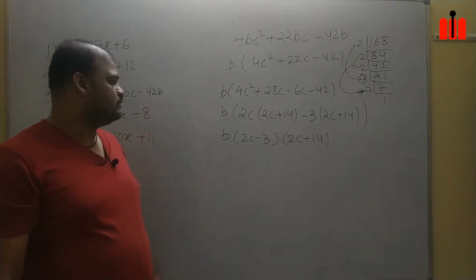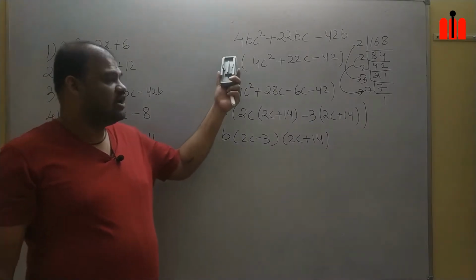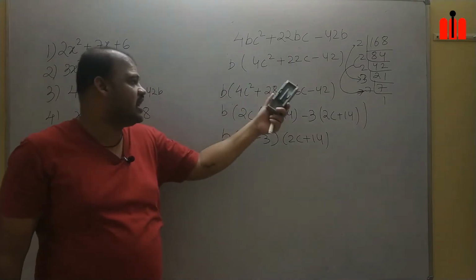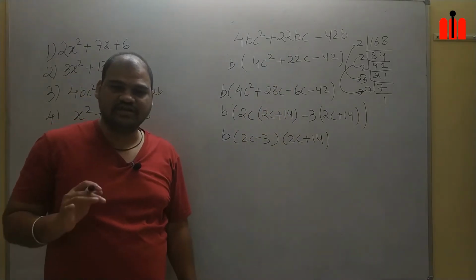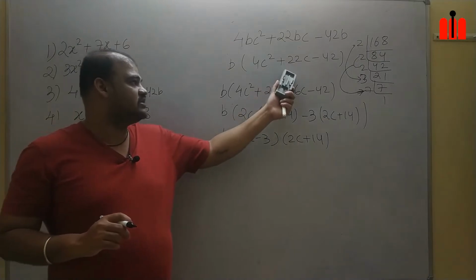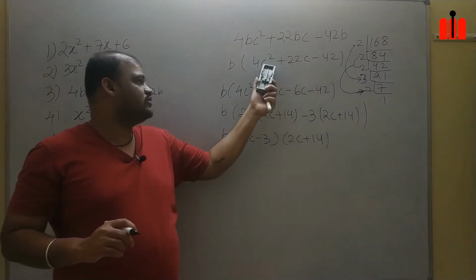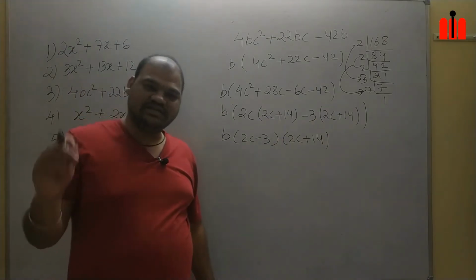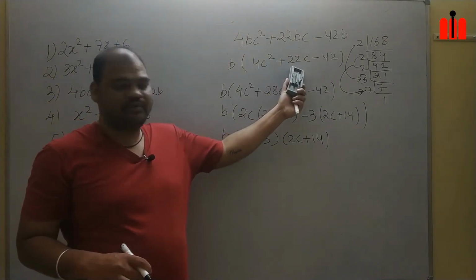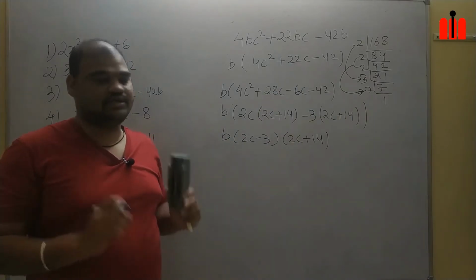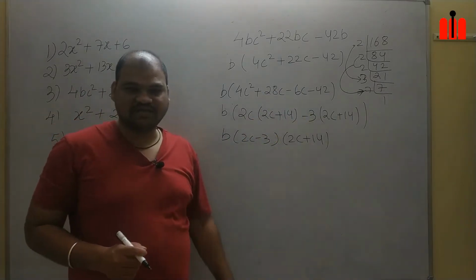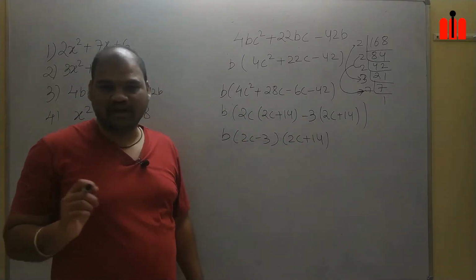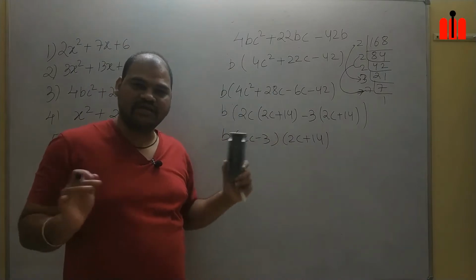Okay. Now, what we did in this: we first took b common, since b is common in all terms. After that we got a quadratic equation in c. After that, once we multiplied the coefficient of c square and the constant term, we realized that it is negative. So that's why the splitting of the middle term is done by subtraction, not by addition. Once done by subtraction, we found that 28 and 6 are the suitable numbers for 22, 28 minus 6.